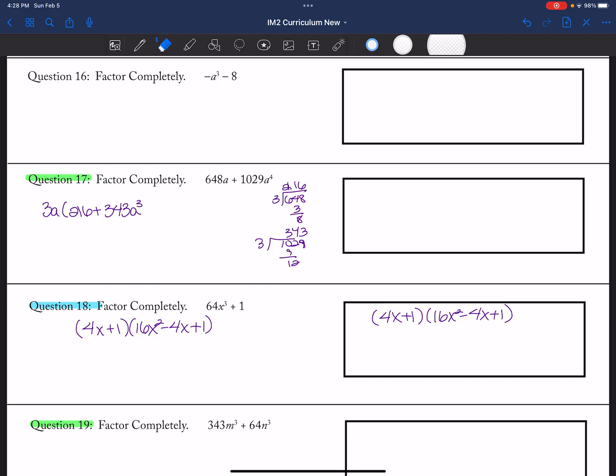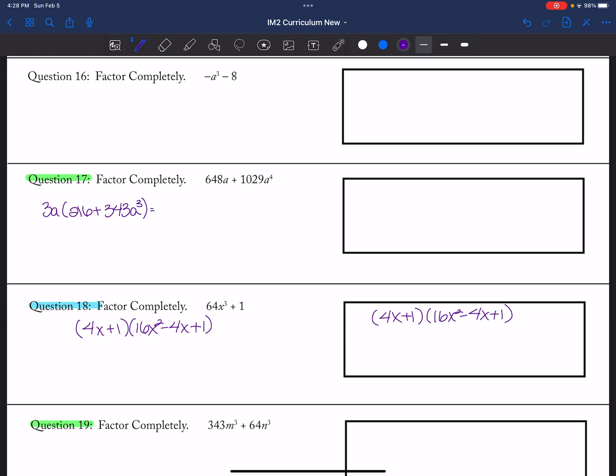a cubed. And I believe 343, if I'm not mistaken, is 7 times 49. Yeah, so that's 7 cubed. Okay, so now what I'm going to do is rearrange this.